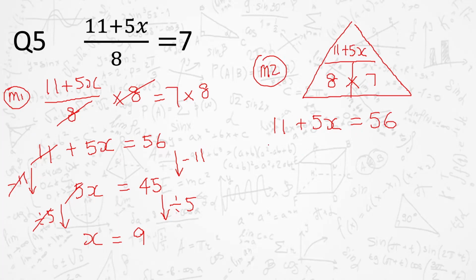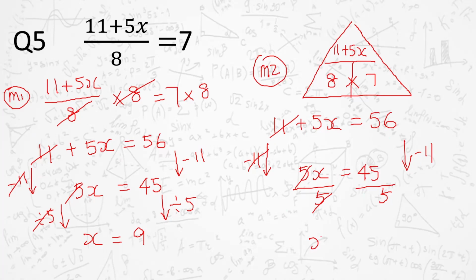And then the same as what we did earlier. Minus 11 both sides. Now we have 5x equals 56 minus 11, 45. Then divide by 5 both sides. Cancel. So x equals 9. So whichever method you find easier, go for that one.